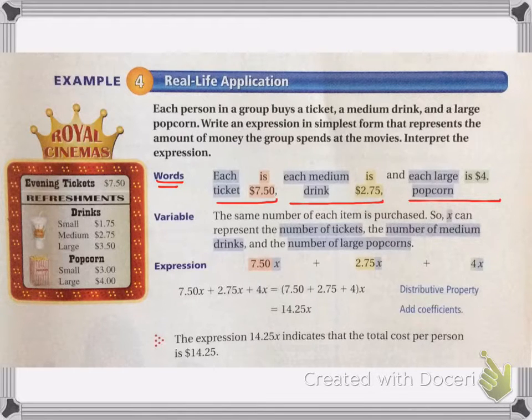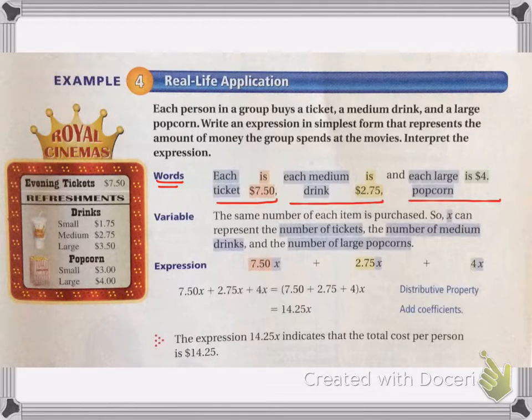So, let's go ahead and read that paragraph that says variable. The same number of each item is purchased. So, X can represent the number of tickets, the number of medium drinks, and the number of large popcorns, because that same number is how many people are in the group, because they're all buying the same thing.